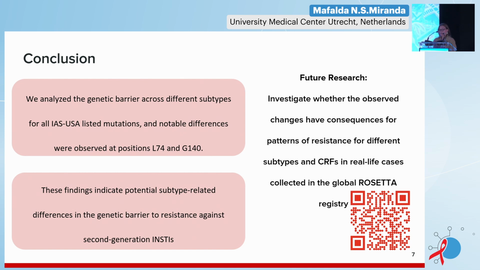This finding could indicate potential subtype-related differences in the genetic barrier to resistance against second-gen INSTIs. For future research, we want to investigate whether the observed changes have consequences for patterns of resistance for different subtypes and CRFs in real-life cases collected in the Rosetta Global Registry, which, if you scan the QR code, you can go to the database.